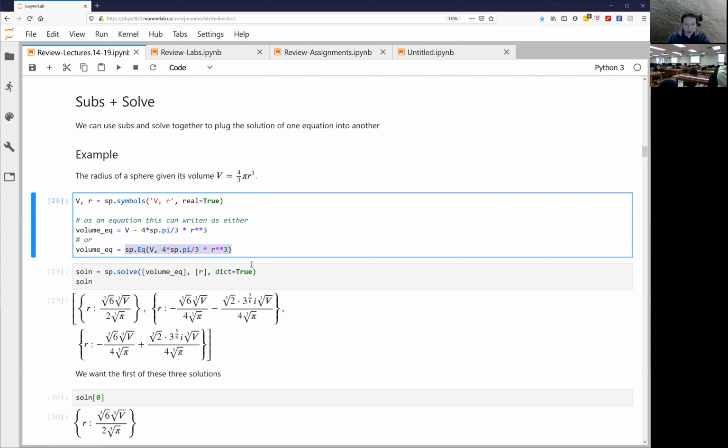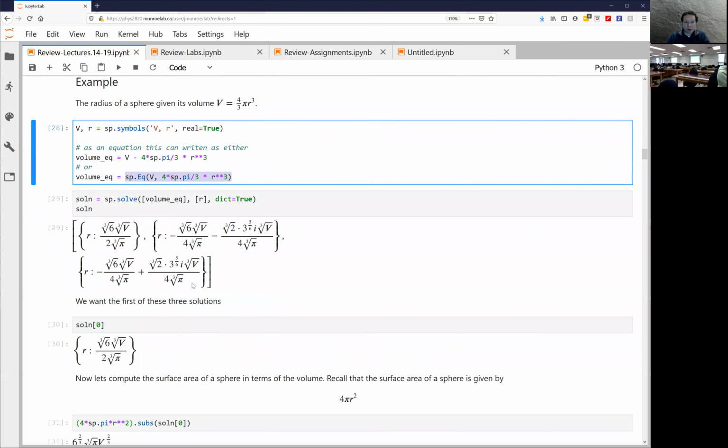They're the same. The point is you take that expression and you pass it through something like solve, and you get back out the answers. For this particular problem, the equation v equals 4/3 pi r cubed, if you're solving this equation for r, one of the solutions is r is the cube root of the quantity 3v over 4 pi. SymPy does all the mathematical solutions. r could be imaginary. We ignore those 2 because we know that for the volume of the sphere, we want real, not imaginary, radii.